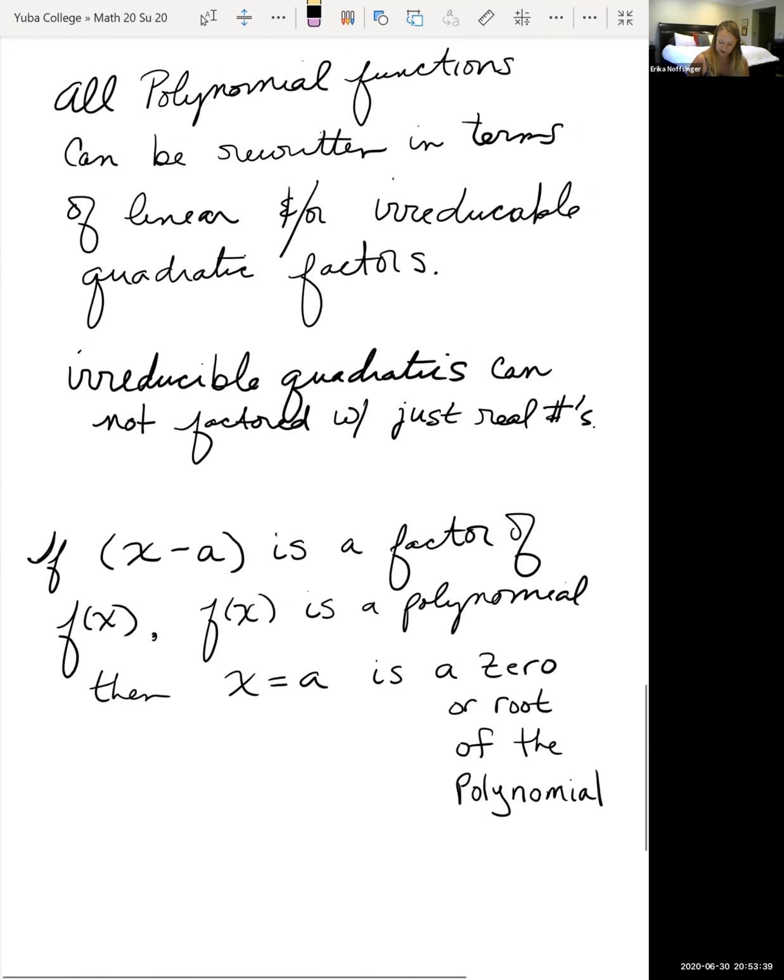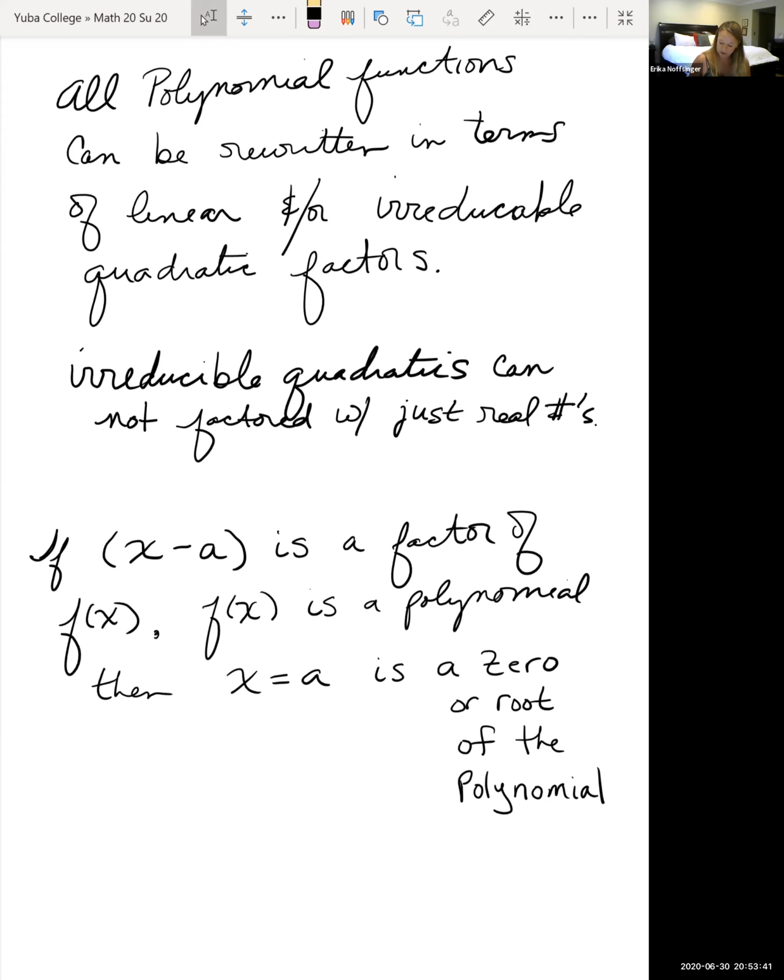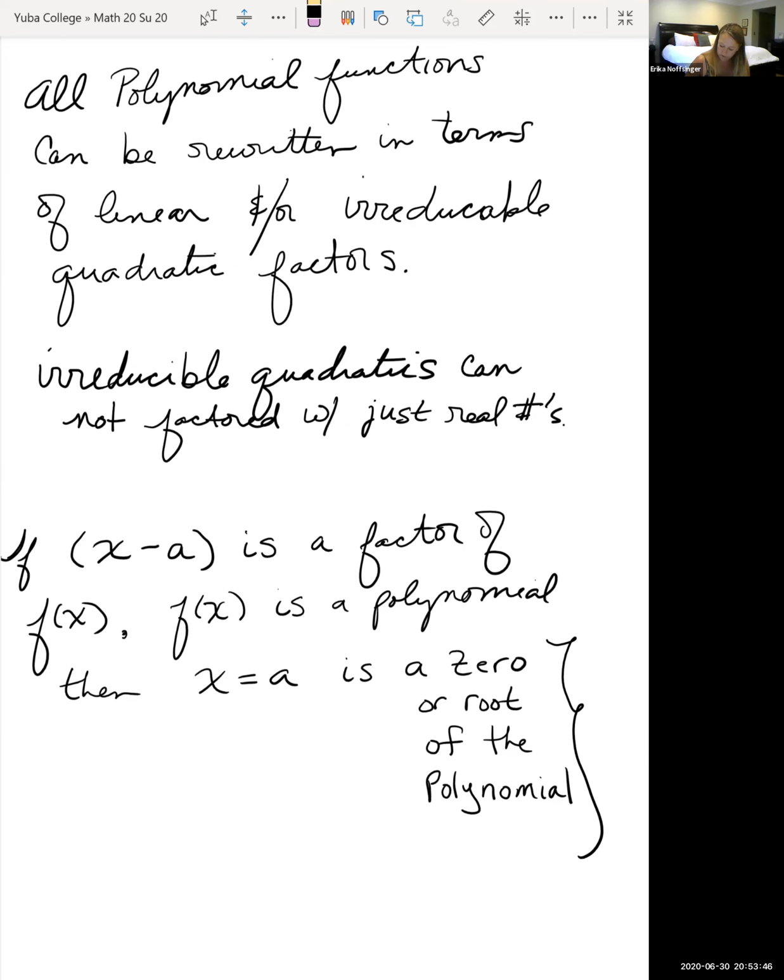It's also the x-intercept. So they all mean the same thing.